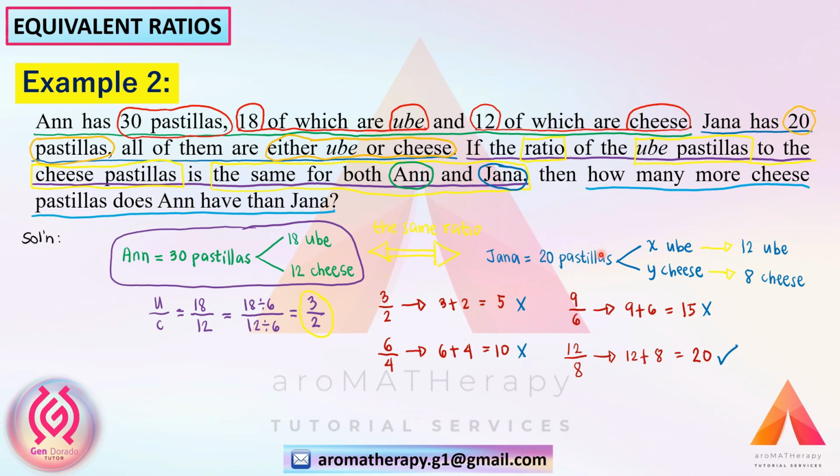Okay, yung kay Jana is subtract natin from Anne. So, you're right. Here, ayan, si 12 cheese and 8 cheese. Anne's cheese pastillas minus, please copy ha, Jana's cheese pastillas.